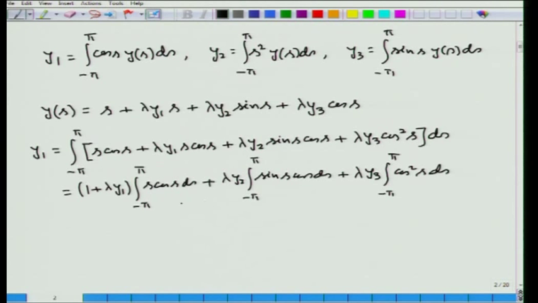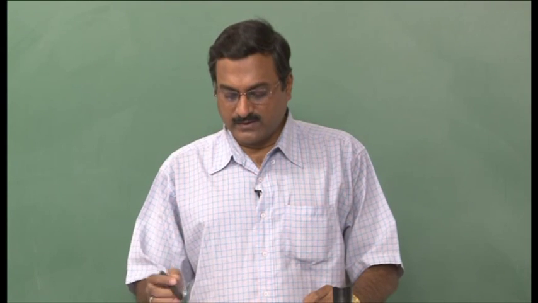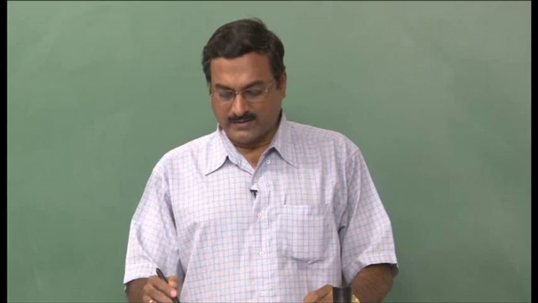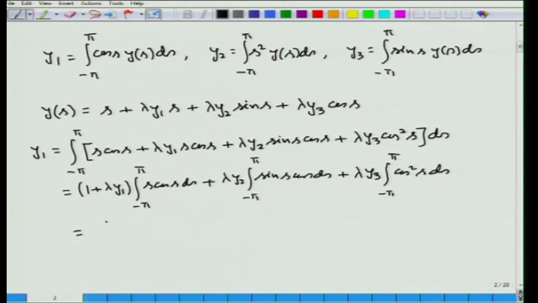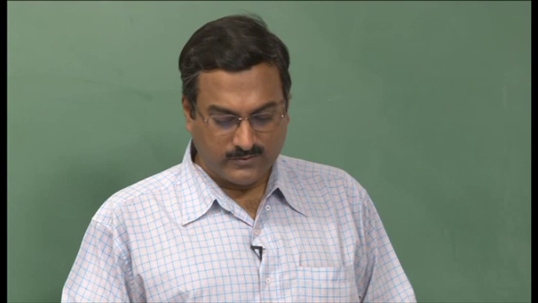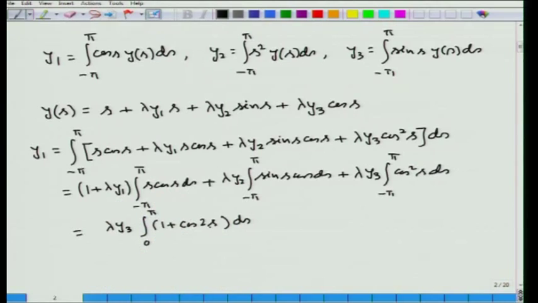Now, the first two integrals vanish, as s cosine s is an odd function and sin s cosine s is also an odd function, and in both cases the limit is from minus pi to plus pi. So, both of them are equal to 0, and the last integral can be written as lambda y 3 times the integral from 0 to pi of 1 plus cos 2 s ds, because minus pi to plus pi can be converted into 2 times 0 to pi, and then 2 cos square s is nothing but 1 plus cos 2 s.